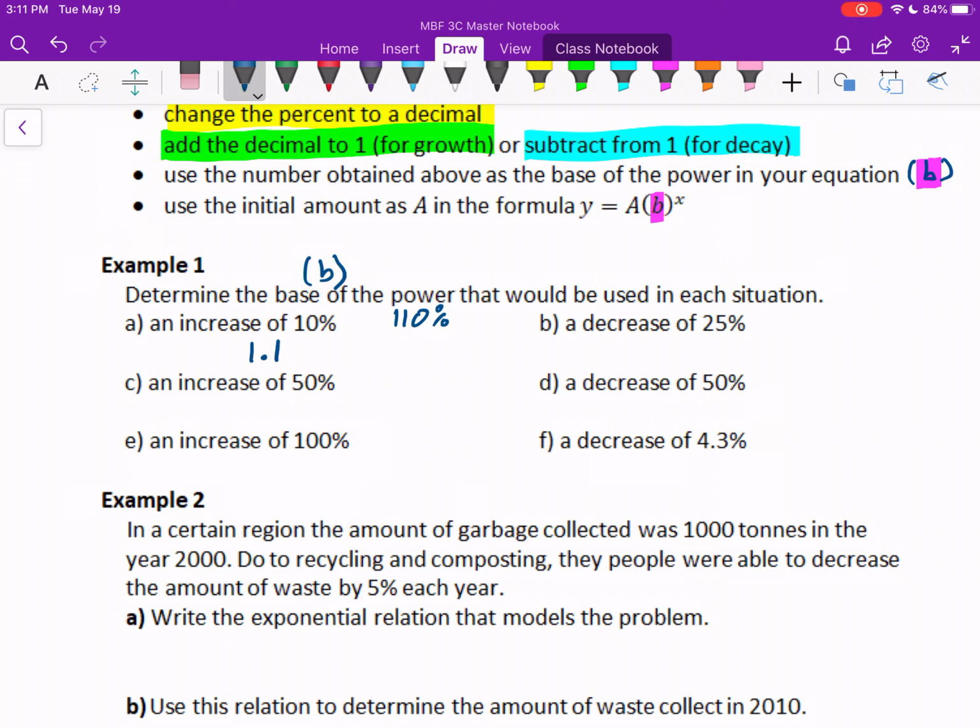So we take that 110% and change it to a decimal and make it 1.1. If something's going up by 50%, then it's going to be 150% of what it was. But again, we need to express it as a decimal. Something increases by 100%, now we have 200% of what we started with. So in other words, it's doubling, right? If something increases by 100%, it's doubling, which makes sense that our base would then be 2.